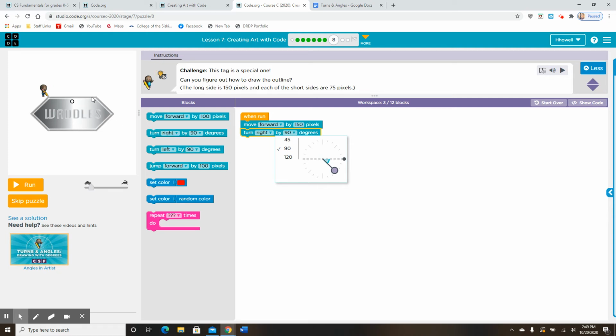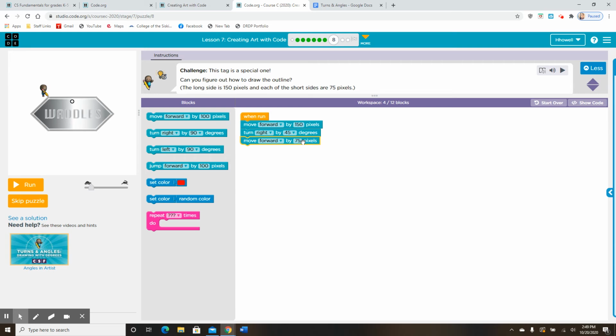Or does it look like it's a smaller angle? Right, it's definitely smaller. So let's do that. Then it says we need to move forward by how many pixels for the short side? Right, 75. It tells us right there. 75 pixels. Okay.